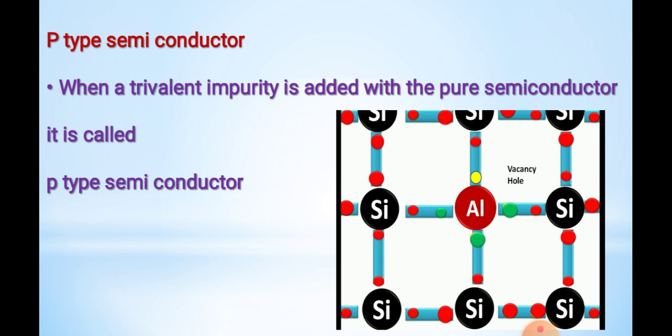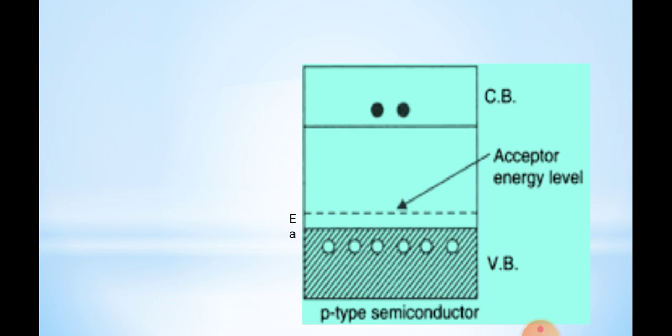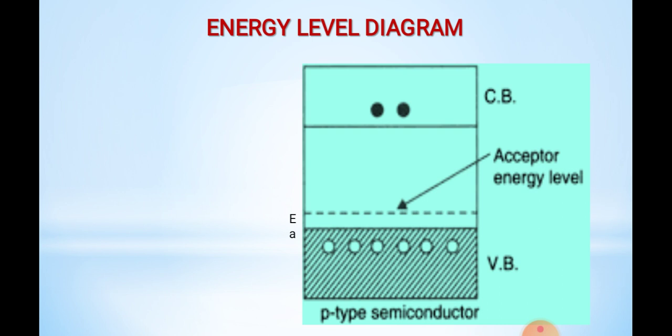Next we are going to see the energy level diagram for this P-type semiconductor, just like the N-type semiconductor. For the P-type semiconductor, we are adding a trivalent element. This trivalent element is called an acceptor because it accepts electrons from the silicon.